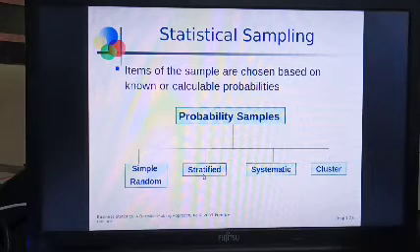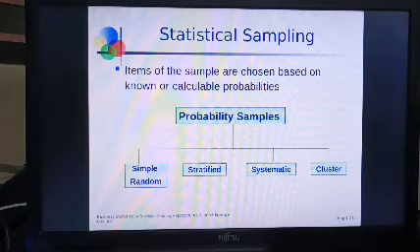Now let's talk more about statistical sampling. This is the part of sampling that we are more interested in. Here, the items of the sample are chosen based on known or calculable probabilities. In probability sampling, there are 4 different kinds of sampling: simple random sampling, stratified sampling, systematic sampling, and cluster sampling.